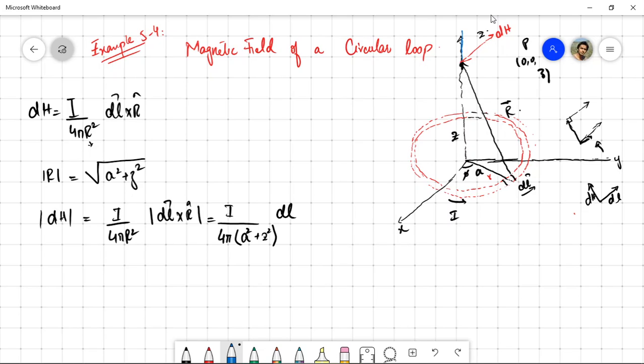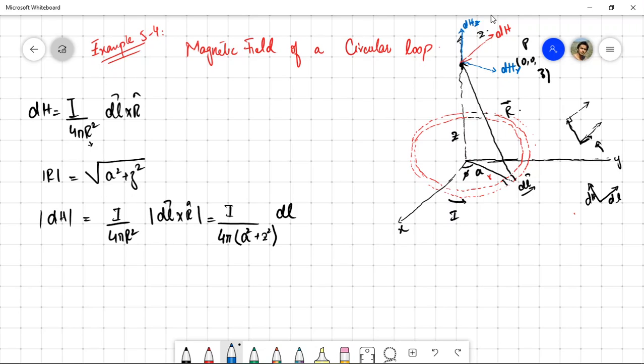This is the component of dH in z's direction, we'll call it dHz, and this is the component of dH in r's direction, so we'll call this dHr. So we have specified the direction of dH, and divided it into its rectangular components r and z. dH is basically in the rz plane, so its rectangular components will be in r and z directions.